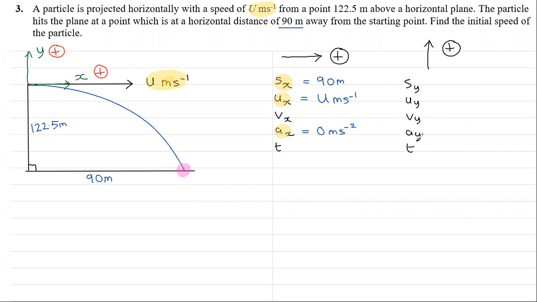And we can indicate what some of these values are. So we know the vertical displacement, and we've also said that this is a downwards displacement. It's going down because it's acting under gravity. So that's going to be negative. So we're going to have negative 122.5 meters for my vertical displacement.